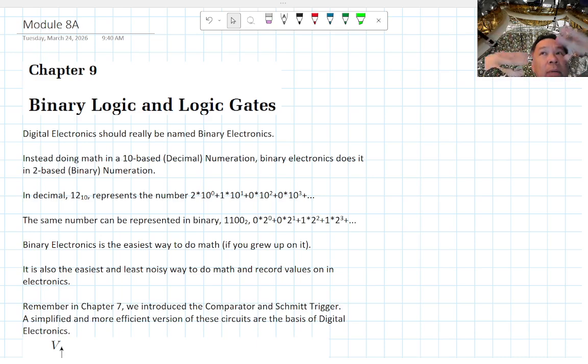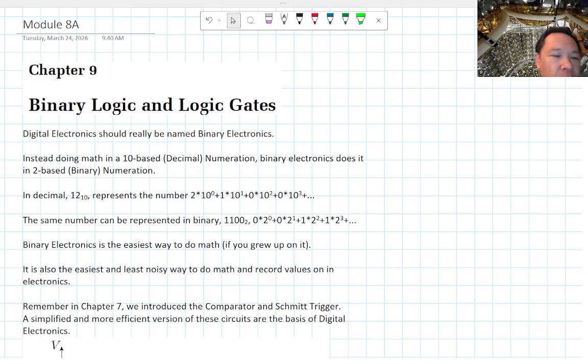It's just a system that we use in order to account for the value of something, right? So when I say the number 12, it's in decimal and not in a different numeration such as hexadecimal or something like that. And that's what's commonly used.